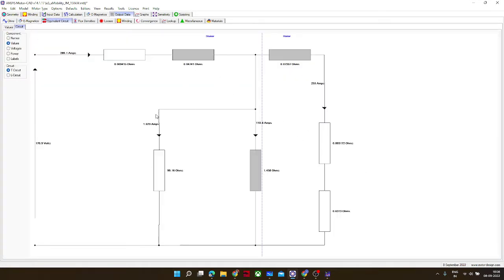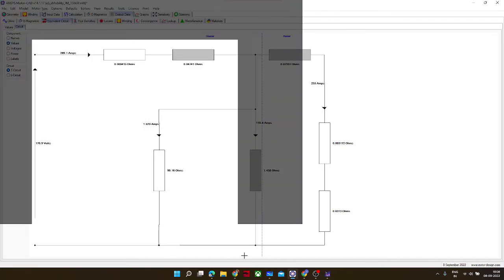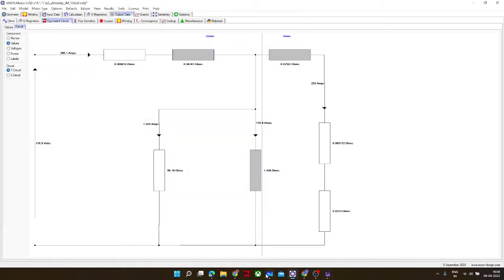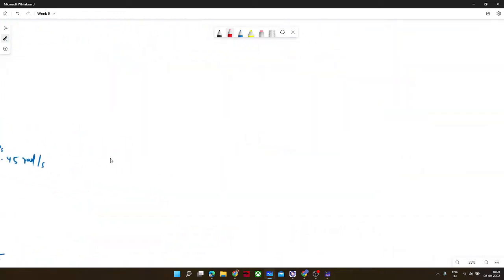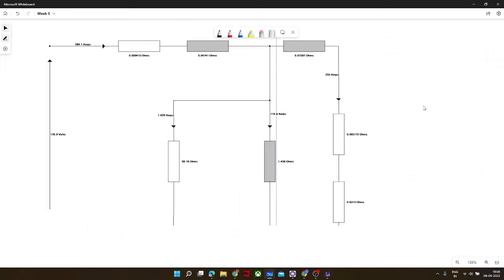So this is the general circuit of any induction motor. Let me take a screenshot of this so that I will be able to explain.